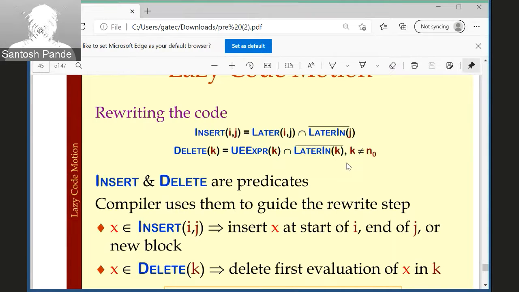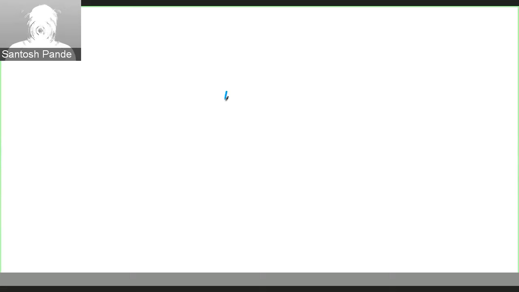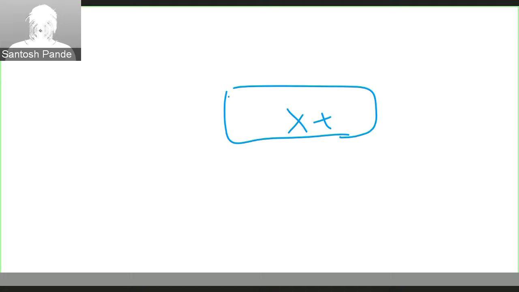So in this particular case, the deletion predicate is false and the expression is not deleted. Why? Let me explain that again, going to our whiteboard, and that's the last thing we'll be doing today. Here is an expression, x plus y. That's why it is upward exposed here.